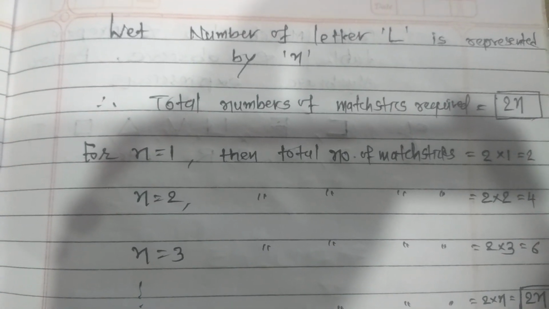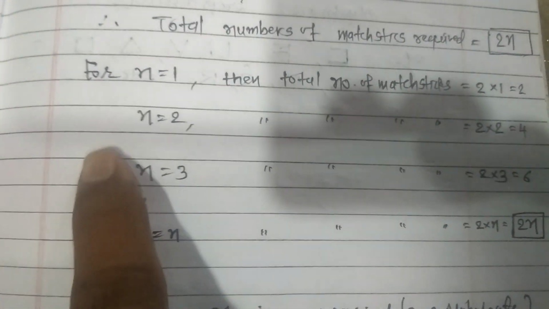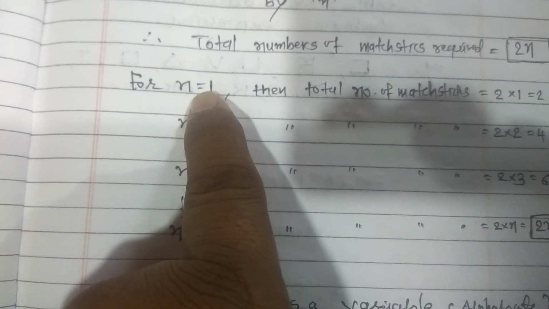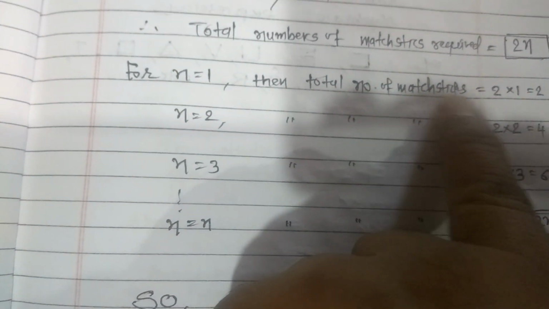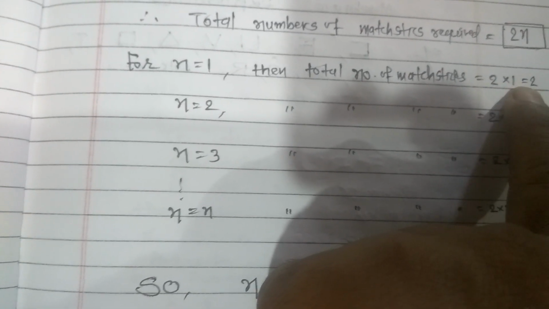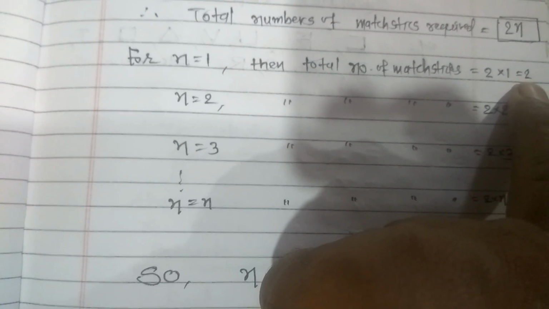Here I have written 2n. So how will this 2n come? First of all, for n equal to 1, when the number of L is 1, then the total number of matchsticks is 2 into 1, which means 2. 2 ones are 2.